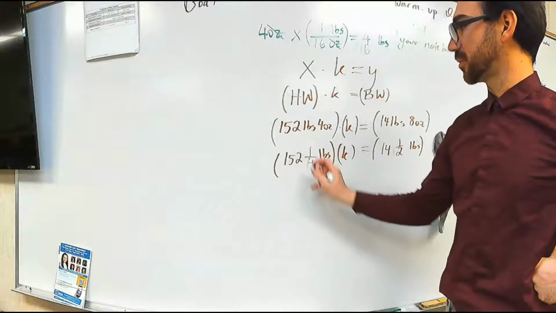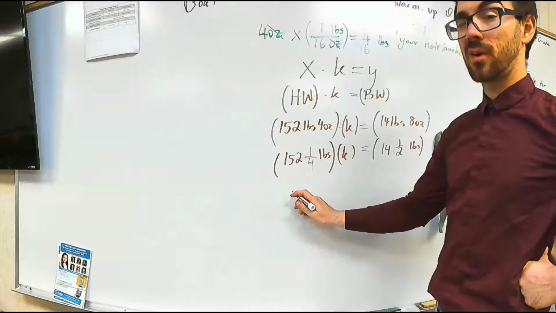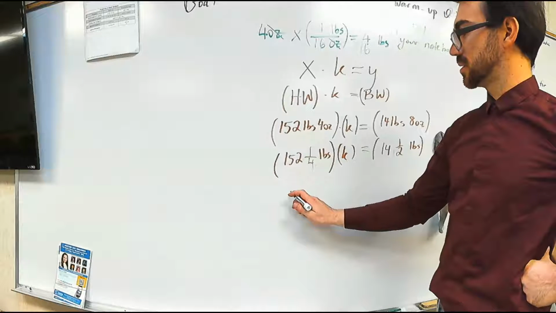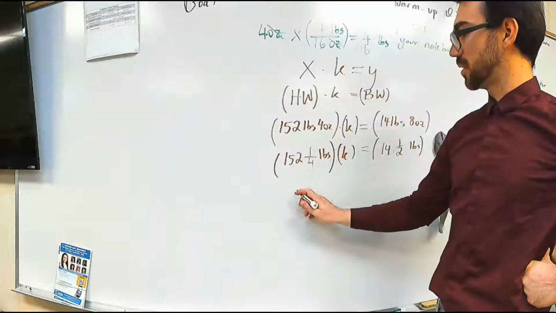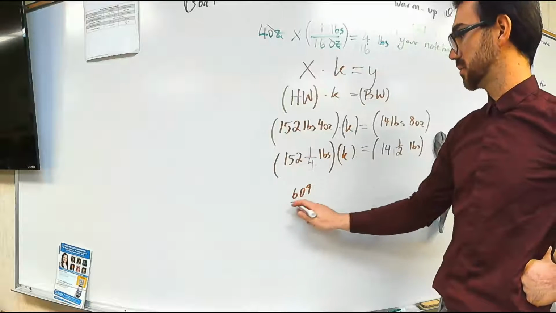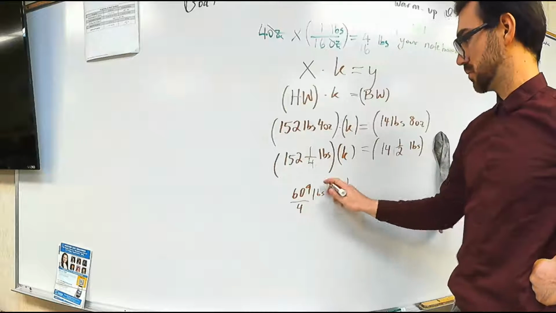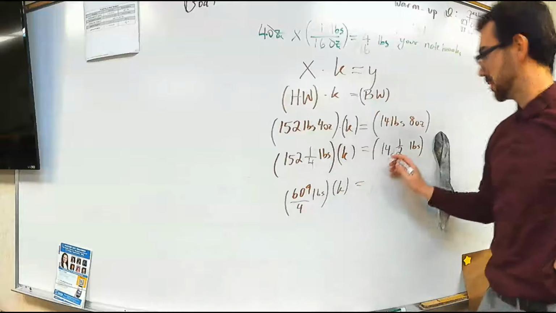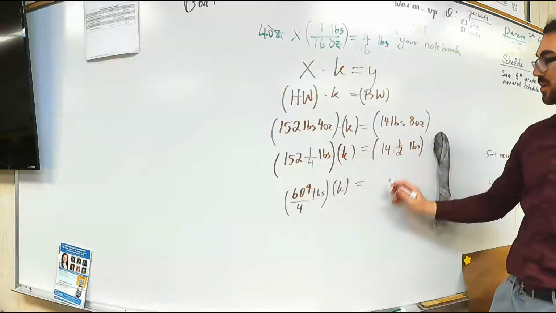So mixed number to improper fraction, we multiply, add. 152 times 4 is 608, plus the 1 is 609. And then 2 times 14, 28, plus the 1, 29.